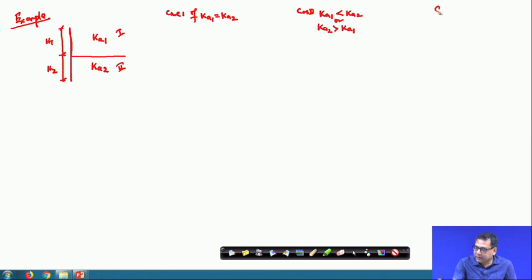And case 3, where your K A 1 is greater than K A 2, or K A 2 is less than K A 1. These are the three cases, and I will draw only the active earth pressure.